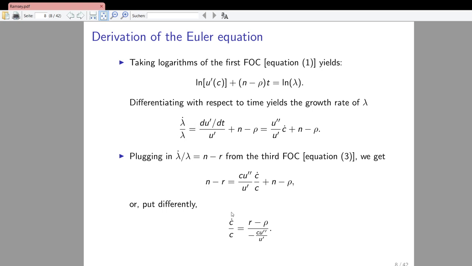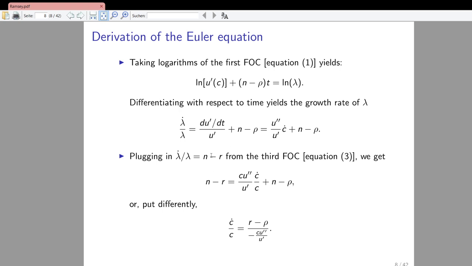And now there is only one difference to the situation we had in the chapter on dynamic optimization, and that is that the population growth rate shows up here, where we have population growth or growth of the representative household, while in the dynamic optimization part we did not have population growth, so n was 0.